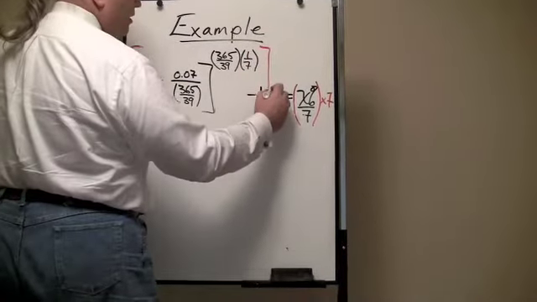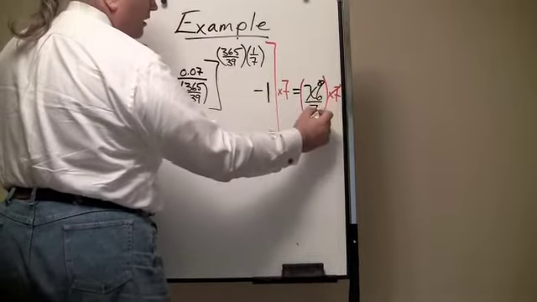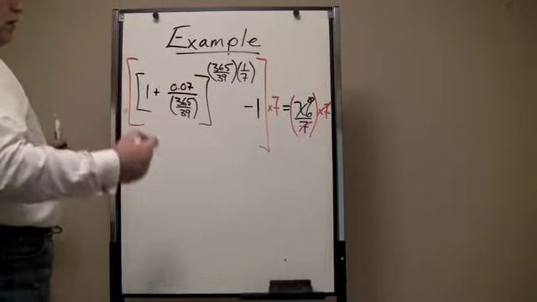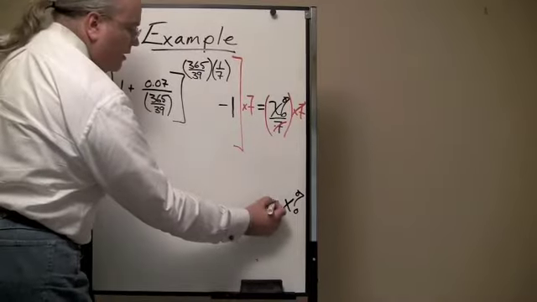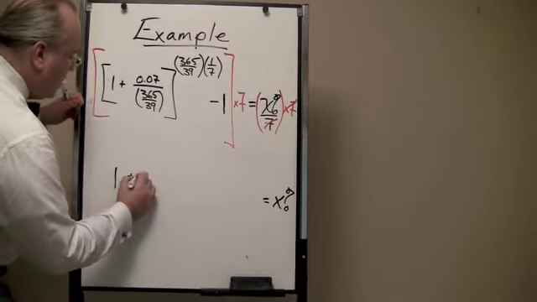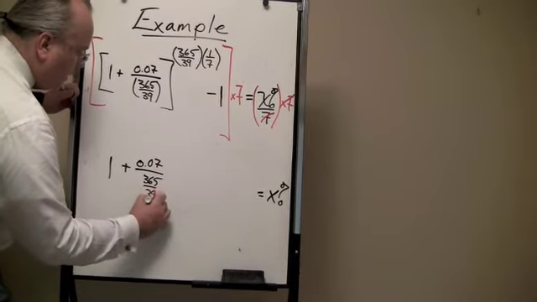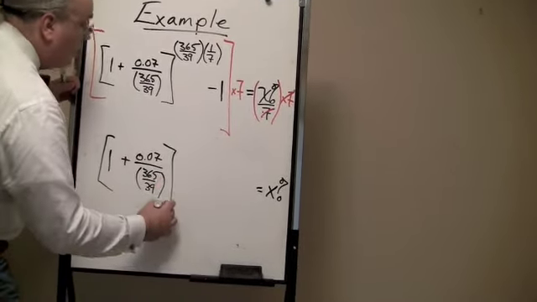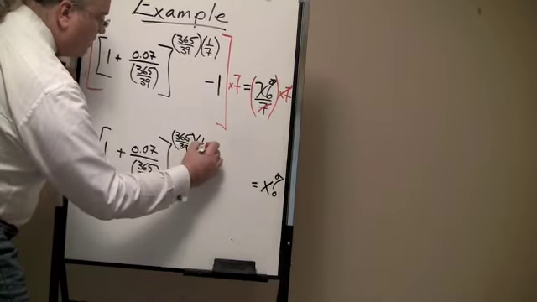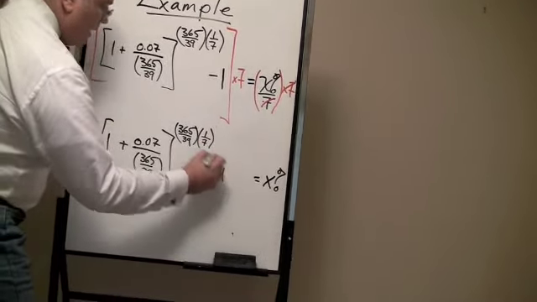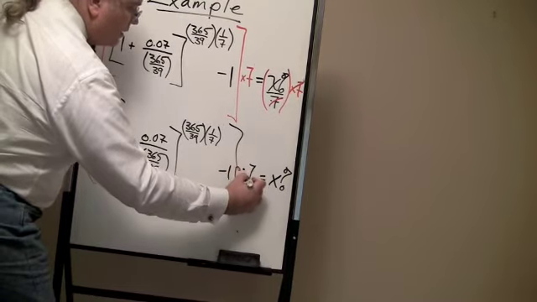So we take all of this and we multiply by 7. The 1 over 7 multiplied by 7 cancels out, and we're left with our solution that x%, the x that we want to solve for, is equal to 1 plus 0.07 divided by 365 over 39, all raised to the power of 365 divided by 39 multiplied by 1/7, minus 1, and all of that multiplied by 7.